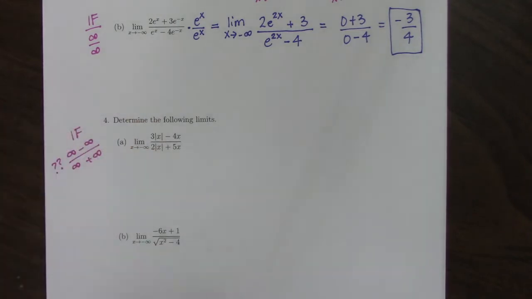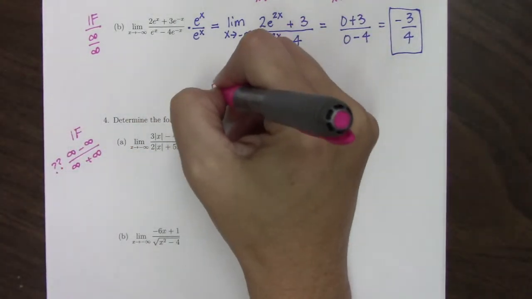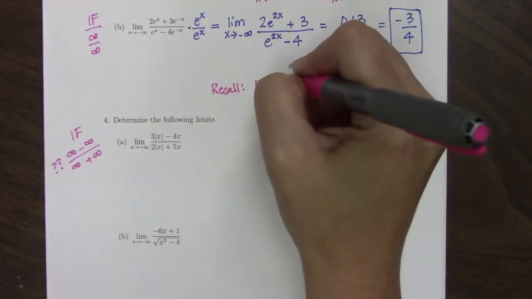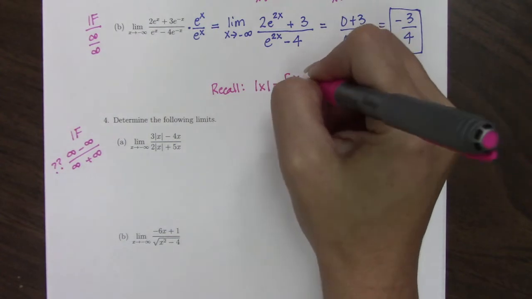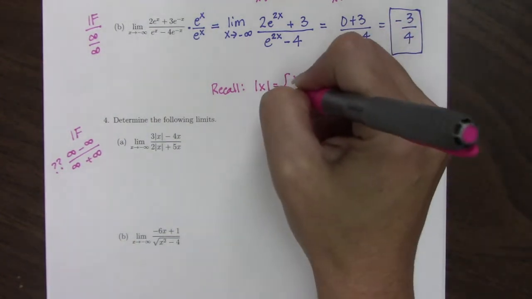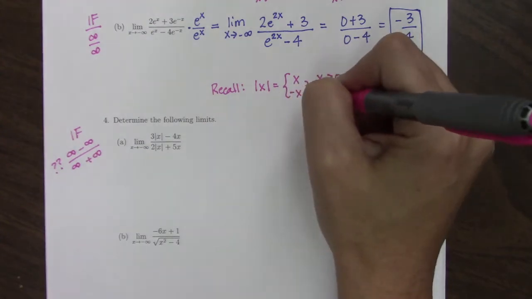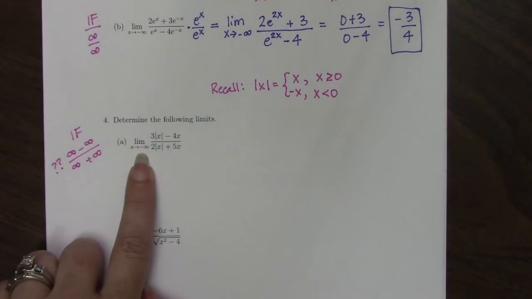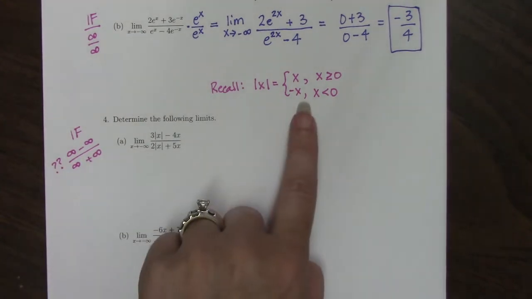So we need to do some rewriting, and we need to remember that absolute value of x can be written as a piecewise function. So the absolute value of x behaves like x when x is to the right of 0, and it behaves like negative x when it's to the left of 0. So if this limit is to negative infinity, we are definitely looking on the left side of this graph.